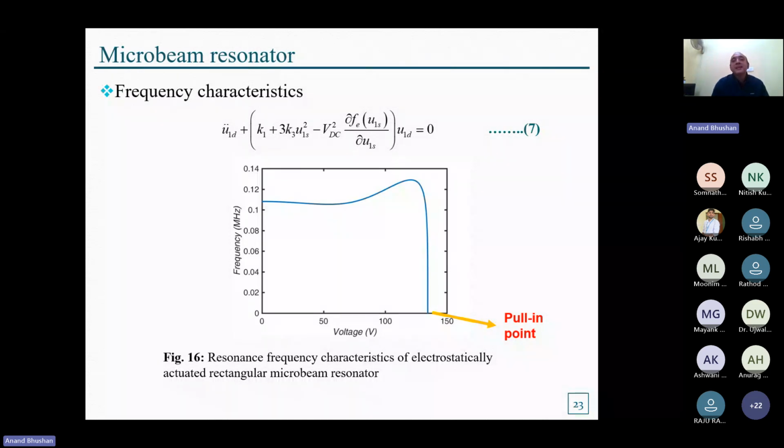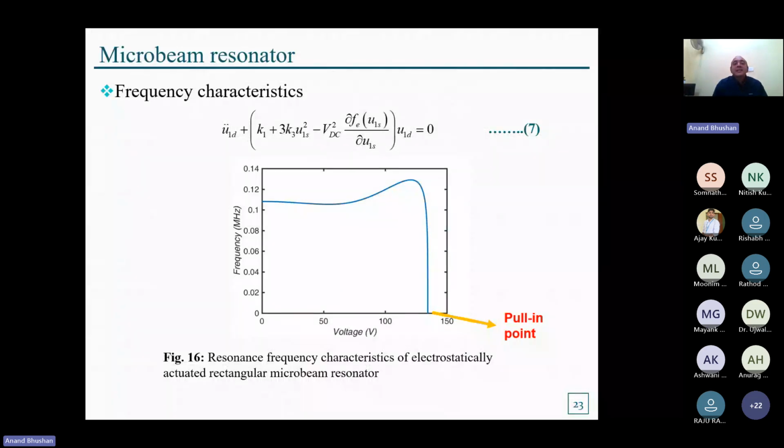Hardening effect means that it tends to increase the natural frequency of the microbeam resonator. The next is minus VDC square dou Fe by dou U1S. This component is the spring softening effect, so it reduces the natural frequency. So effectively, the natural frequency of this microbeam resonator is due to the interplay of the hardening effect due to nonlinear beam stretching and the softening effect due to the nonlinear electrostatic actuation force.